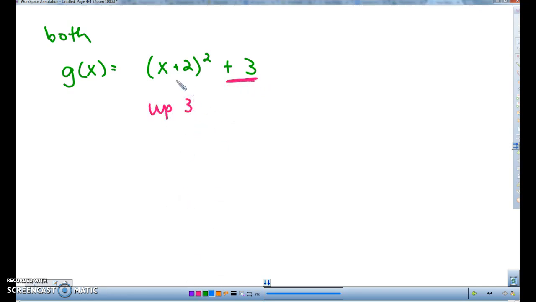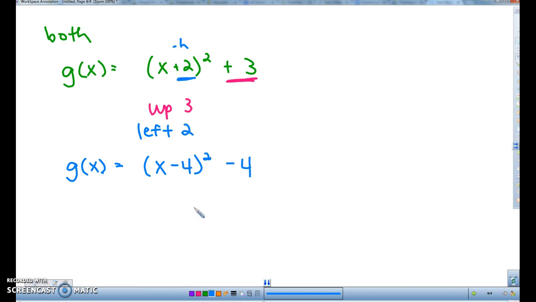I also see this plus 2, and I know that's supposed to be minus h, so really that's going to tell me to move left 2 units. Okay? Why don't you try this one on your own? We'll have x minus 4 quantity squared minus 4. So you're going to move 2 different directions. Good, you should have picked down 4 and right 4.